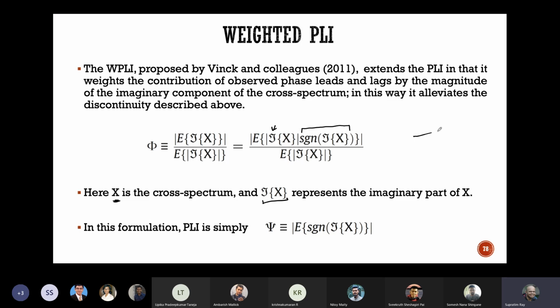So if I have a vector which is very close to zero, it's going to get scaled by a small number. So its contribution is going to be somewhat less.